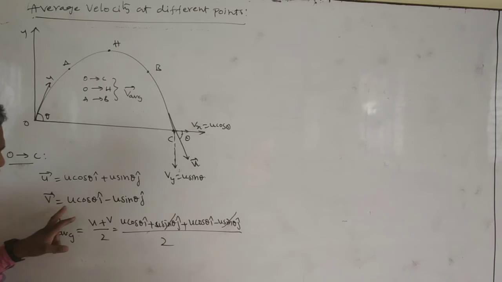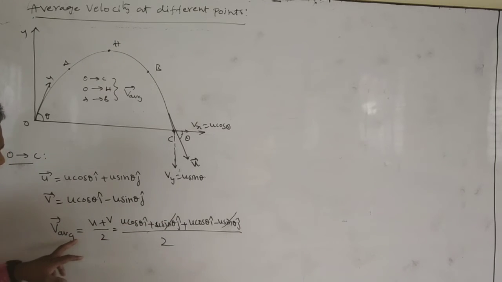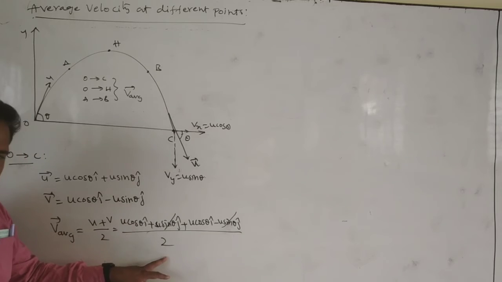Final velocity is u cos theta i cap minus u sin theta j cap. So v average equals (u plus v) by 2, initial velocity plus final velocity by 2.